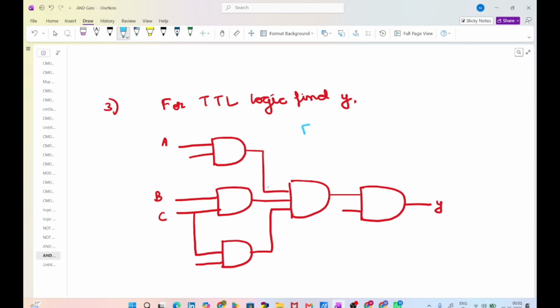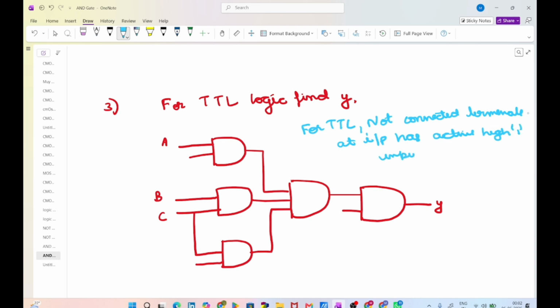I will write that here. For TTL, a not-connected terminal at the input is taken as an active high input. Active high means 1.